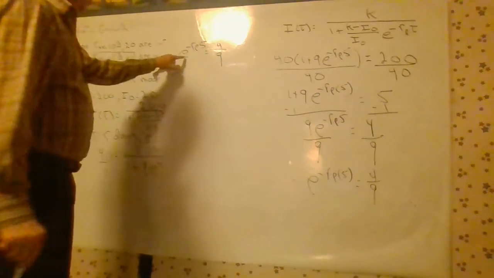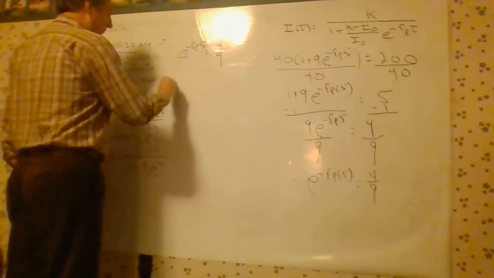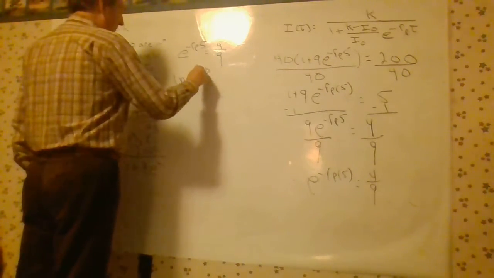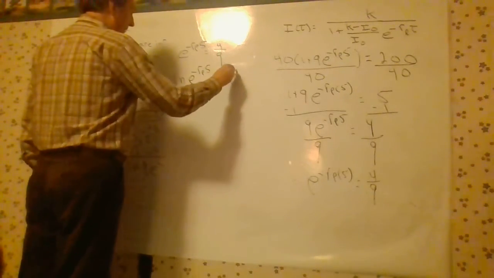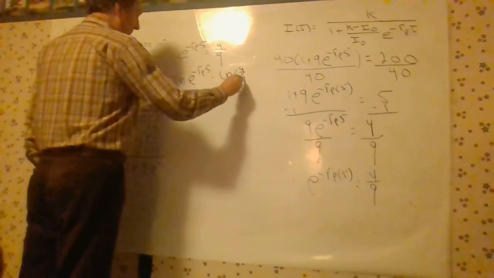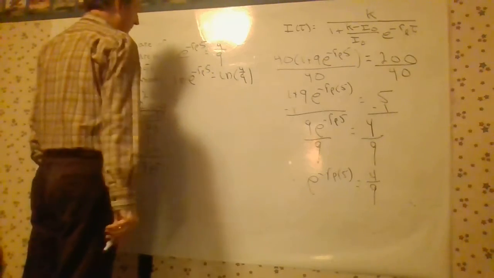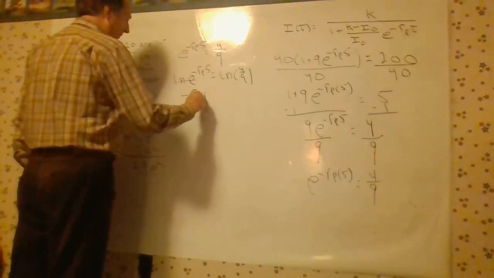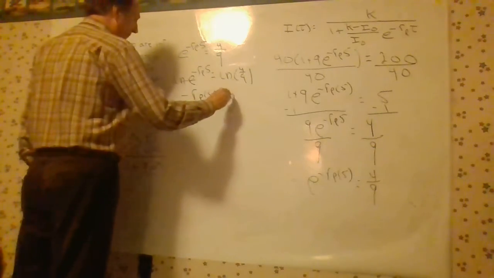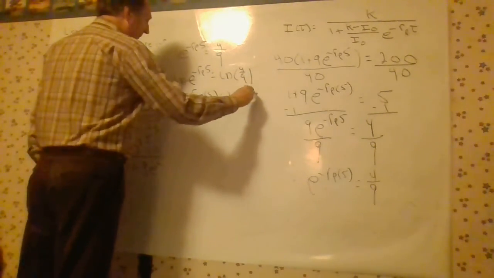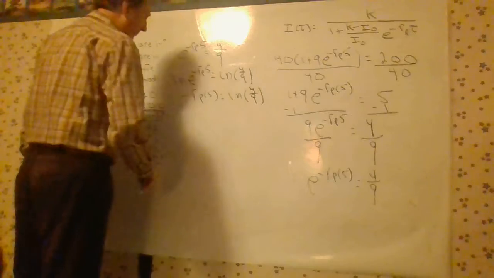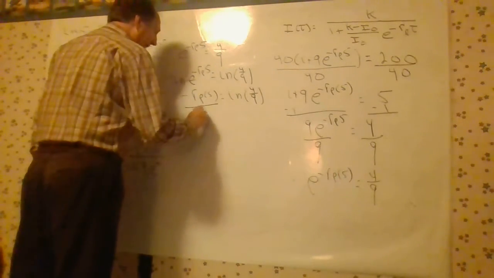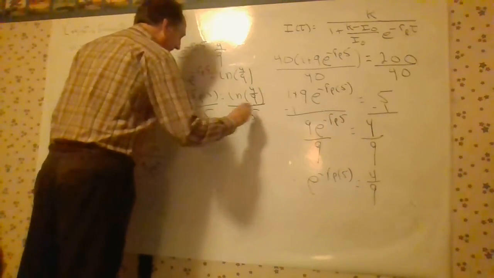Of course, we're going to get rid of e by taking the natural log of both sides. The natural log of e to the negative R_L times 5 is the natural log of 4/9. And it cancels that out. Minus R_L times 5 is ln of 4/9. And you can divide by negative 5.